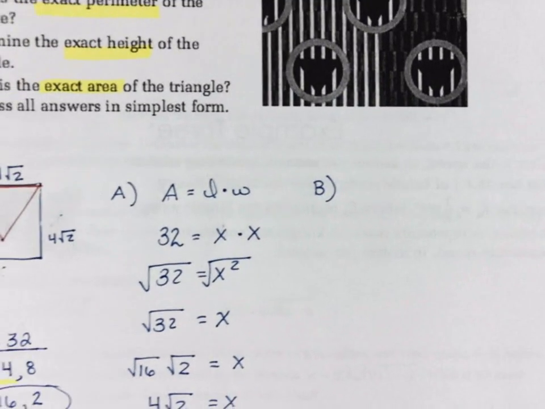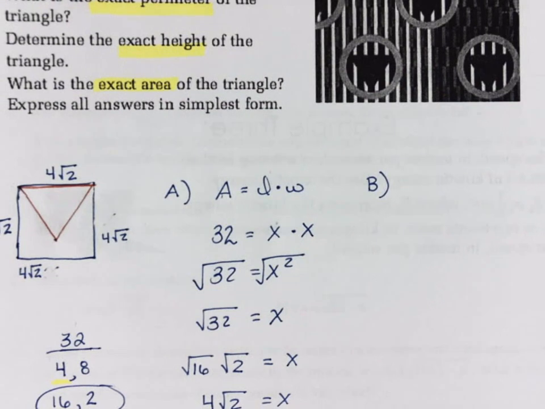B says, what is the exact height of the triangle? What is the exact height of the triangle? Oh, the triangle? Not the square? Okay.